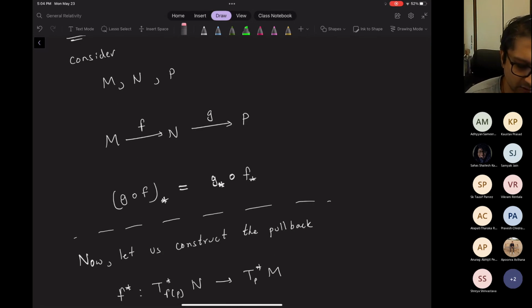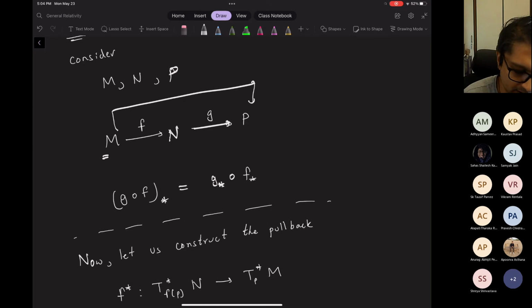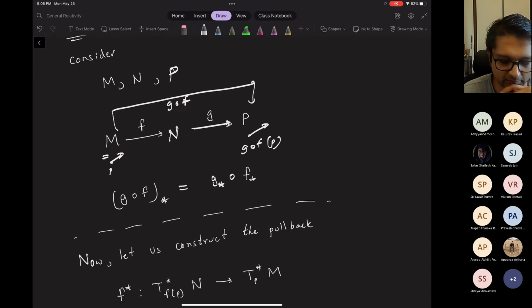Suppose I have three manifolds, M, N, P, a map F from M to N and a map G from N to P. Then the map from M to P is G circle F. Given a vector at the point P in M, the corresponding point is G circle F of P in capital P. The map that takes me to the corresponding vector is G circle F star, the push forward map, or the differential map.